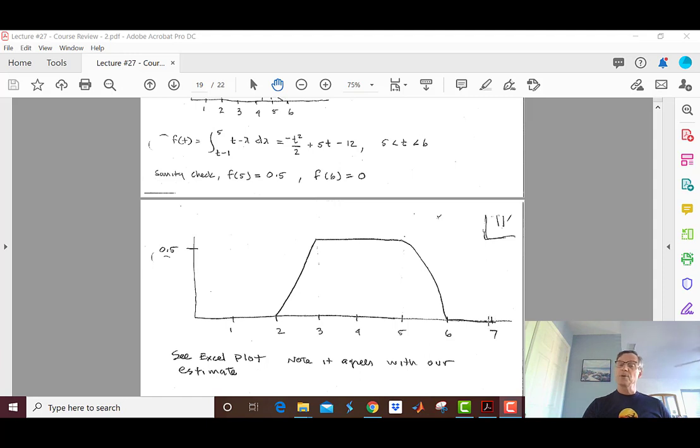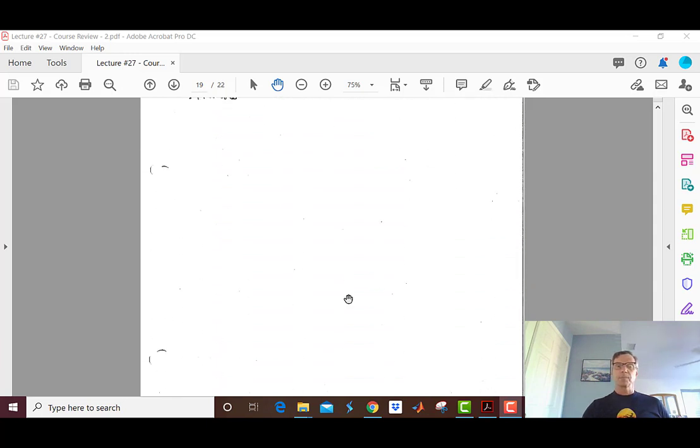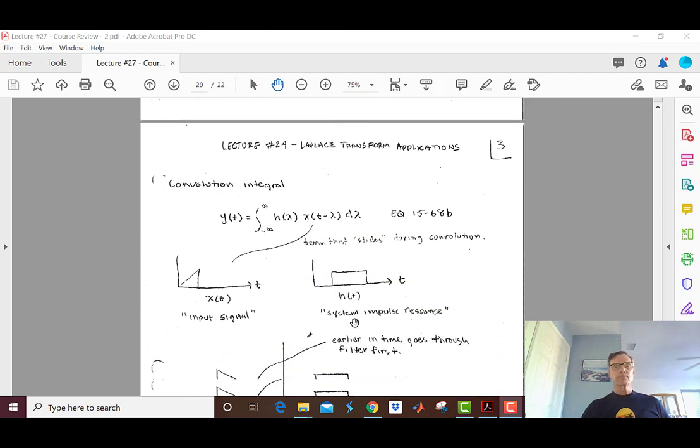And Excel does that beautifully. And if you go to this Excel worksheet that I posted, you'll see that. And it's kind of a cool looking picture.